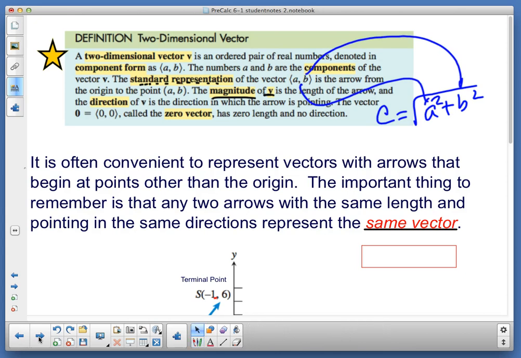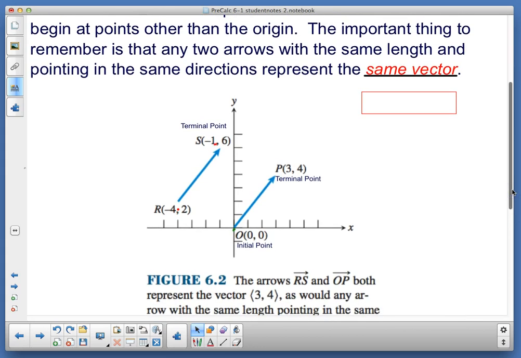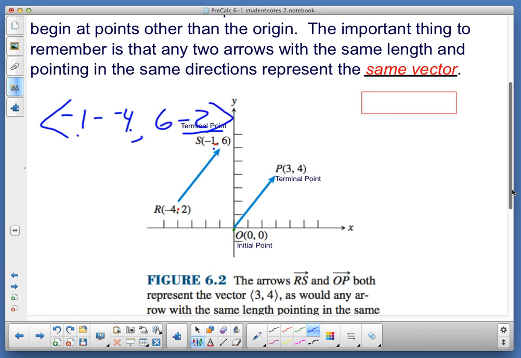It is often convenient to represent vectors with arrows that begin at points other than the origin. The important thing to remember is that any 2 arrows with the same length and pointing in the same direction represent the same vector. So remember, they'll have direction, and if it's a push, it's a force that we're putting on. As long as I have my terminal point, using the head minus tail rule, if I take -1 and subtract -4, and if I get 6 minus 2, I'll be able to determine that this is 3, 4 for my vector.